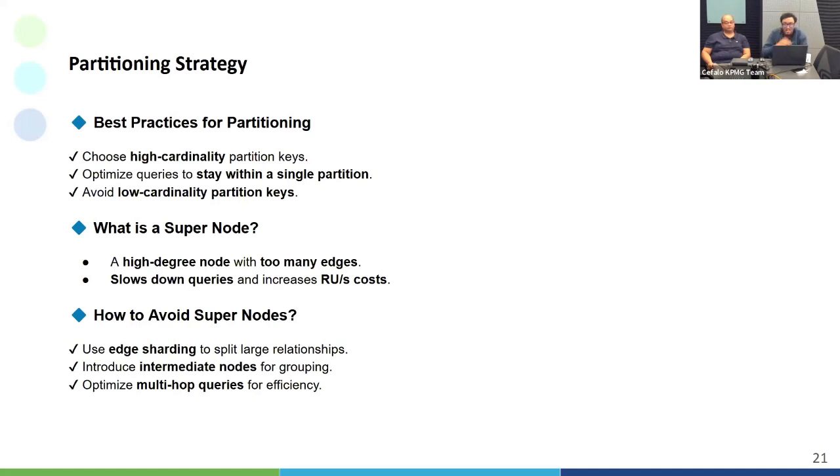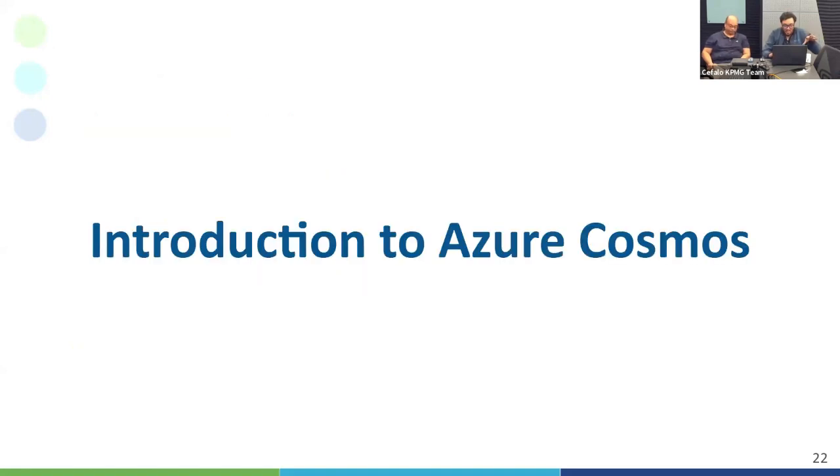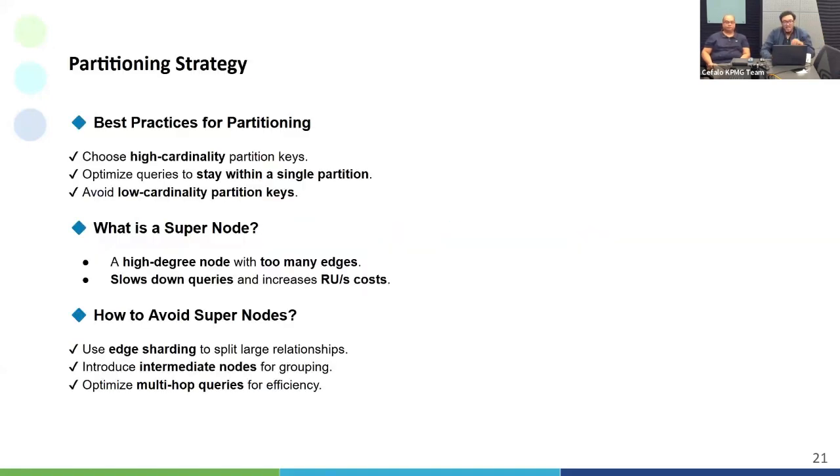And also, as I said, how can we prevent supernodes? If there are many edges, then we need to share those edges, like follows. The follows edges can be shared on another node.